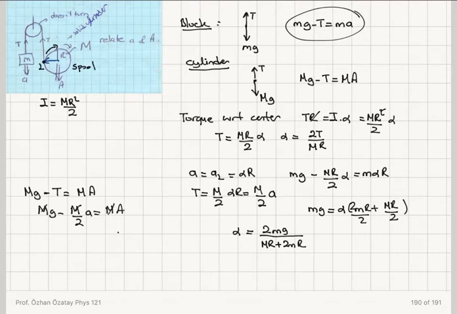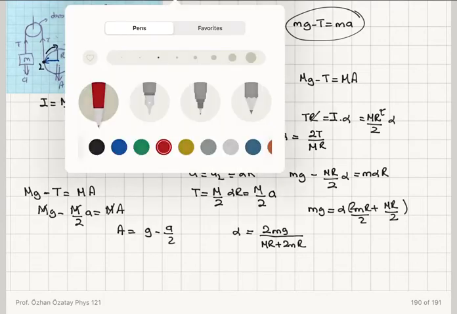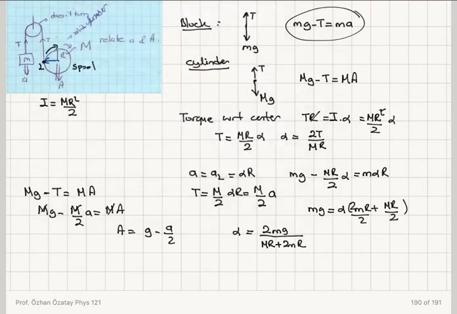So mg minus M over 2 times a is equal to ma. So these will cancel. I find a is equal to g minus a over 2, which is the question that is being asked in this problem.